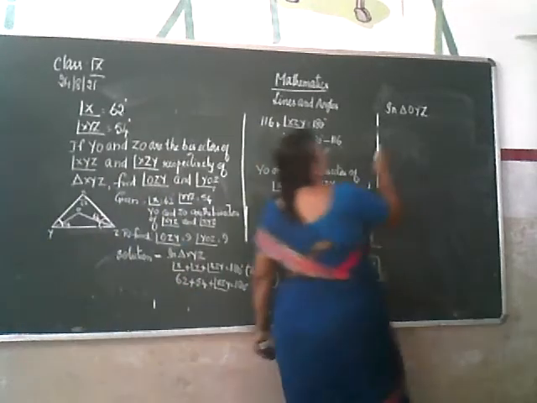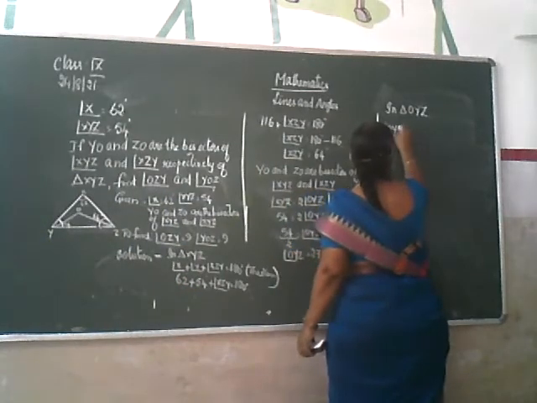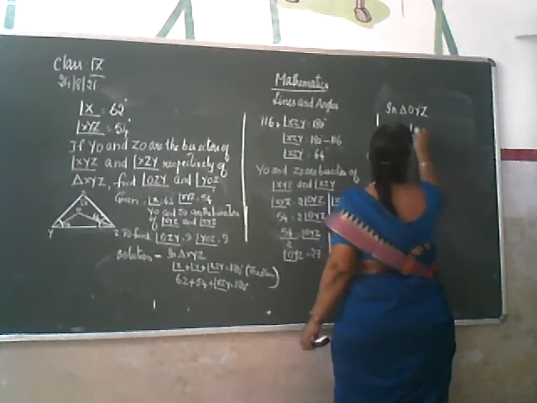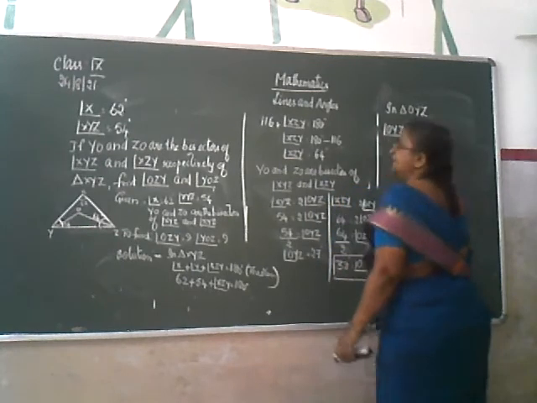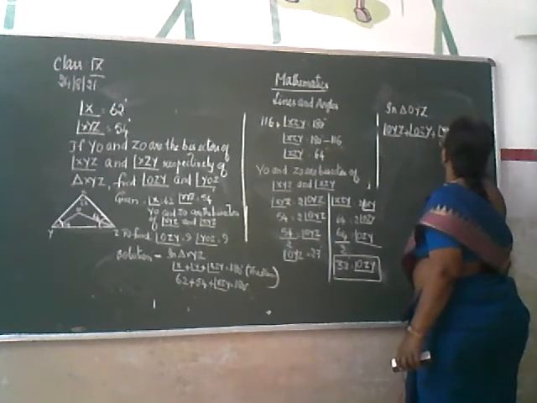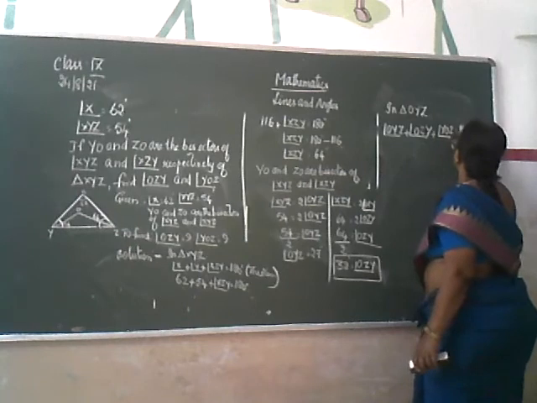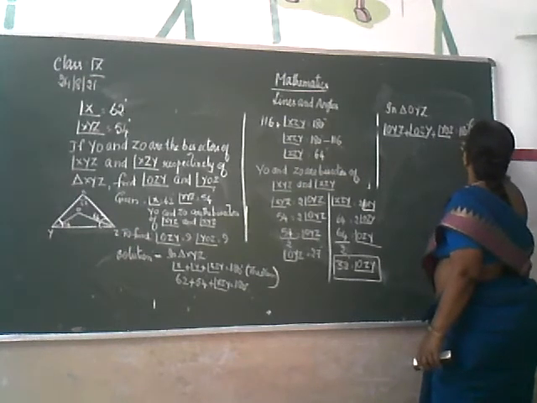So I can write OYZ plus OZY plus YOZ is equal to 180 degrees, again by the angle sum property of a triangle.